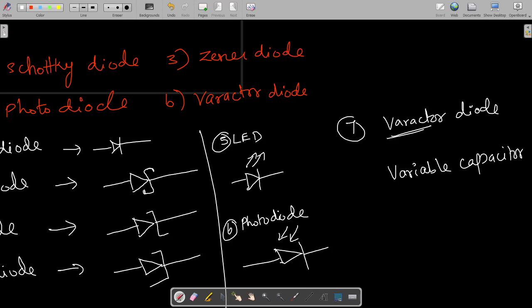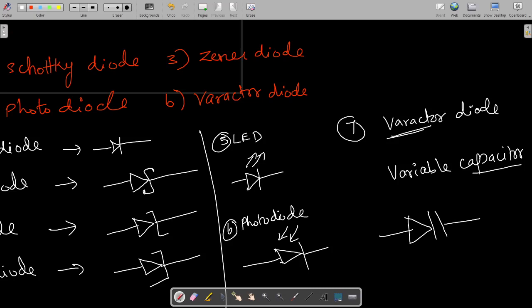Automatically it can be tuned. So the symbol is like this. This is your anode, and then you have the capacitor symbol, isn't it? So it is the varactor diode.